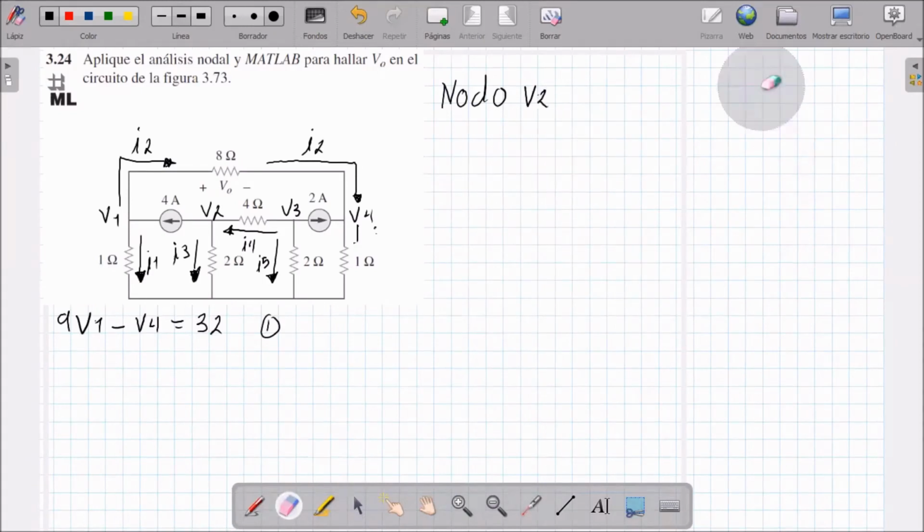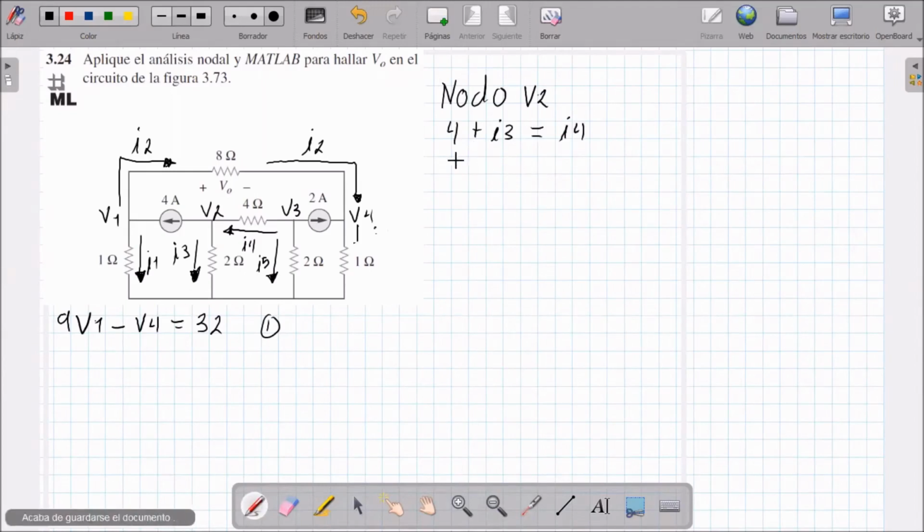Let's do the second equation. Okay, now let's work on node V2. At node 2 we observe that the currents leaving that point would be 4 amperes plus the current I3, and that will be equal to the currents entering, which is current I4. Now, this would be 4 plus the I3, but the I3, the one that comes down here, would be V2 over 2 ohms.